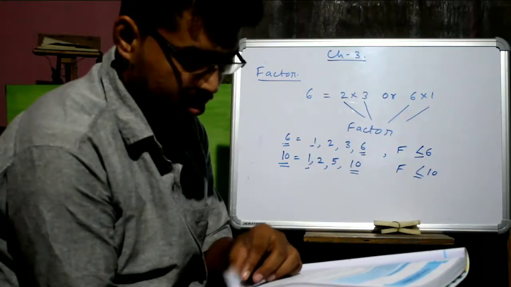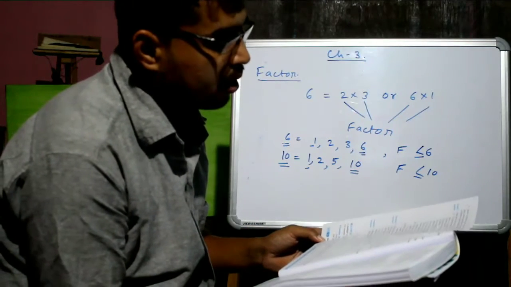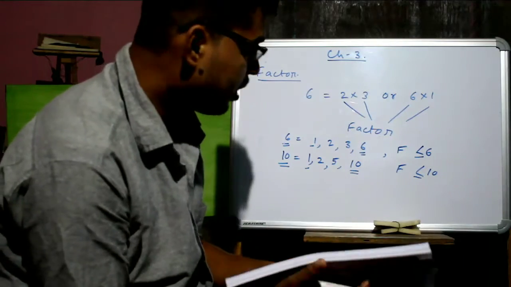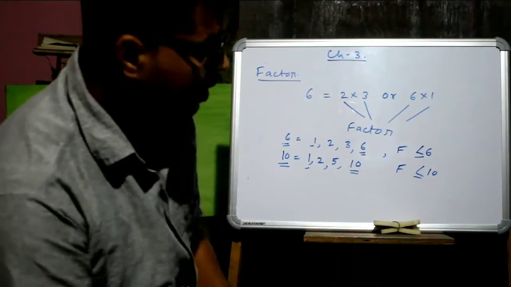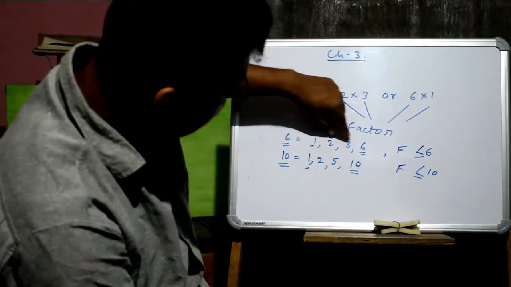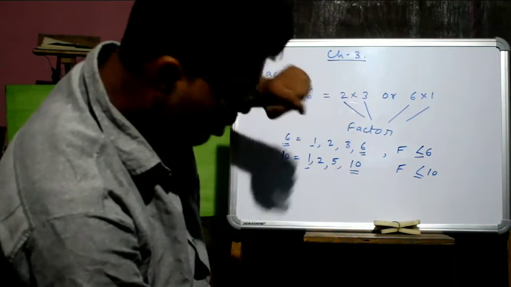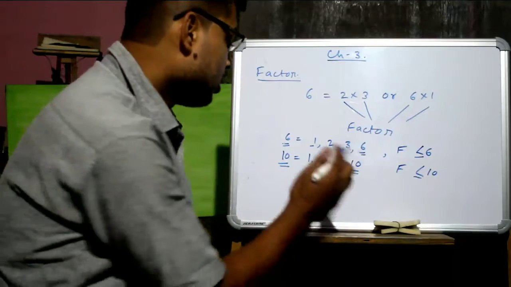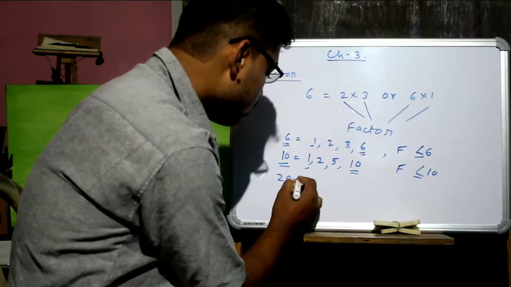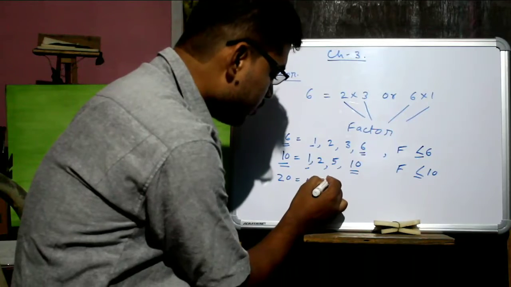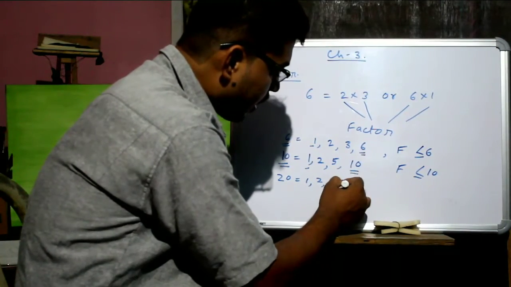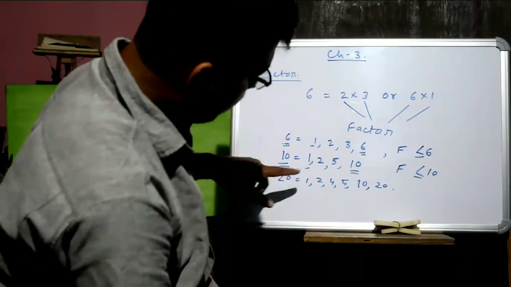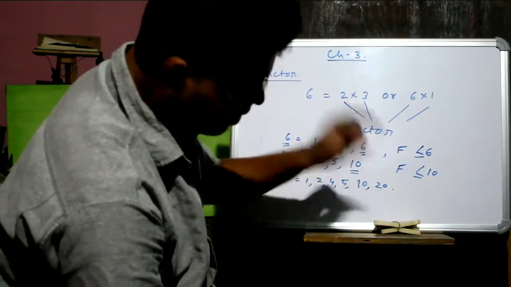Next, property number 4: the number of factors of a given number is finite. For 6, how many factors? 1, 2, 3, 4. For 10, also 4 factors. For 20, we see 1, 2, 4, 5, 10, 20, and nothing else, so 6 factors.